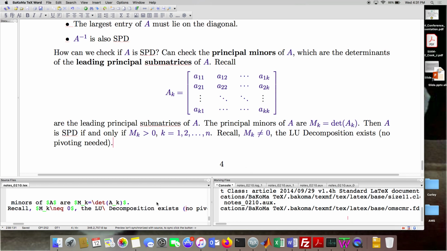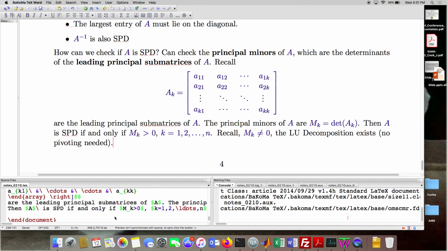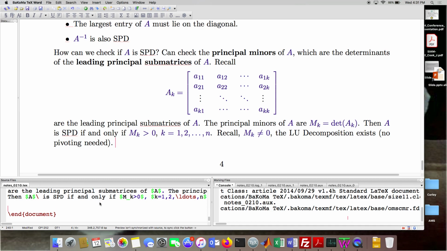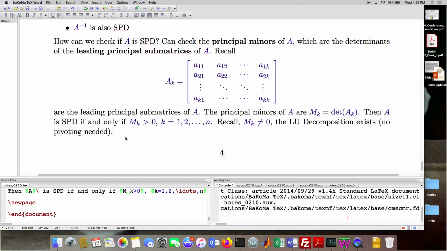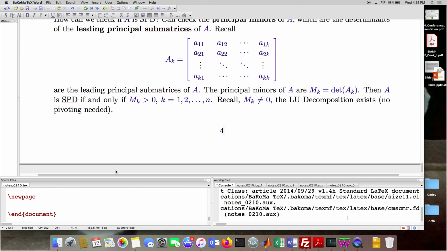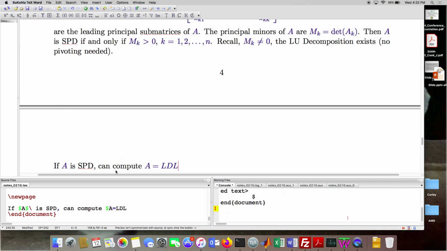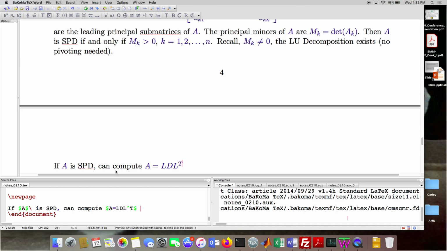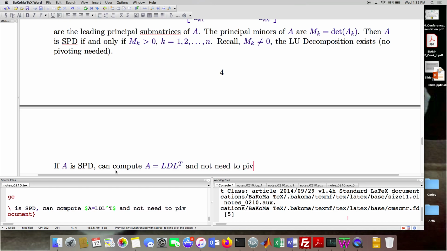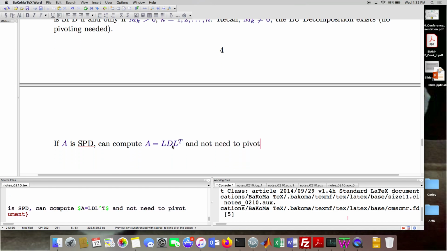But I want to show you another factorization. If A is SPD, you can compute the LDL^T factorization and don't need to interchange rows and columns.